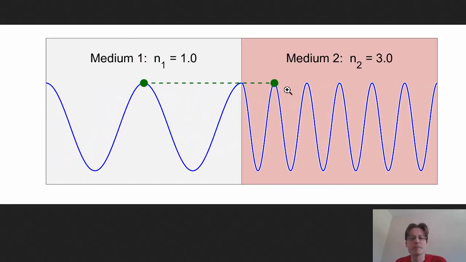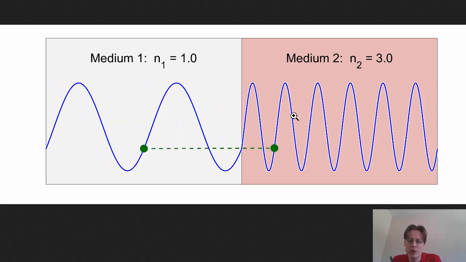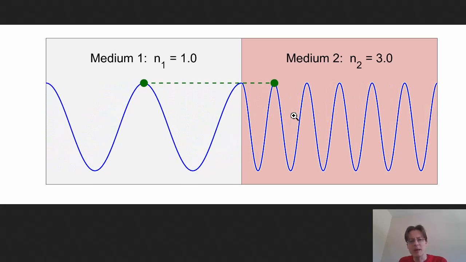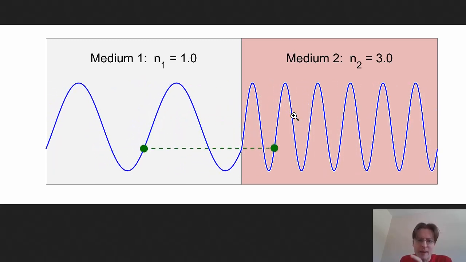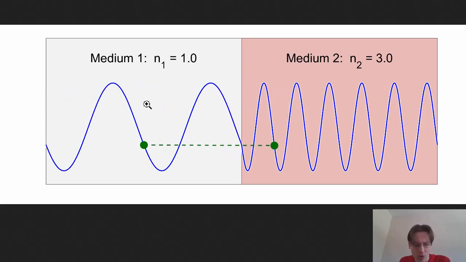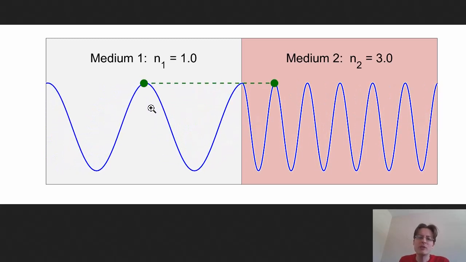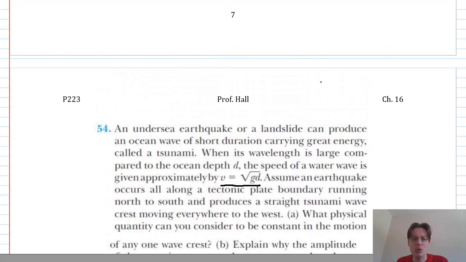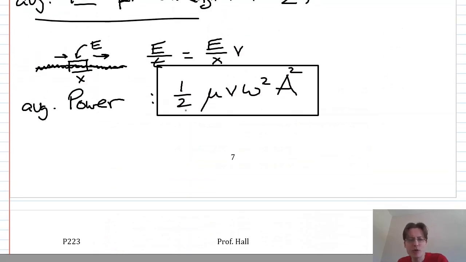In this picture, all that it illustrates is the shortening of the wavelength when the speed gets smaller. But remember that the power depends on a couple things. If we look back at power, the average power of a wave depends on the speed as well.